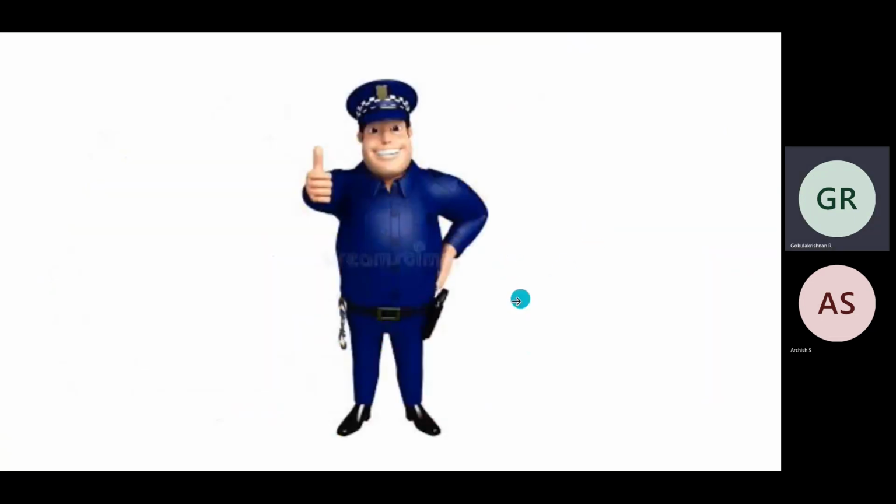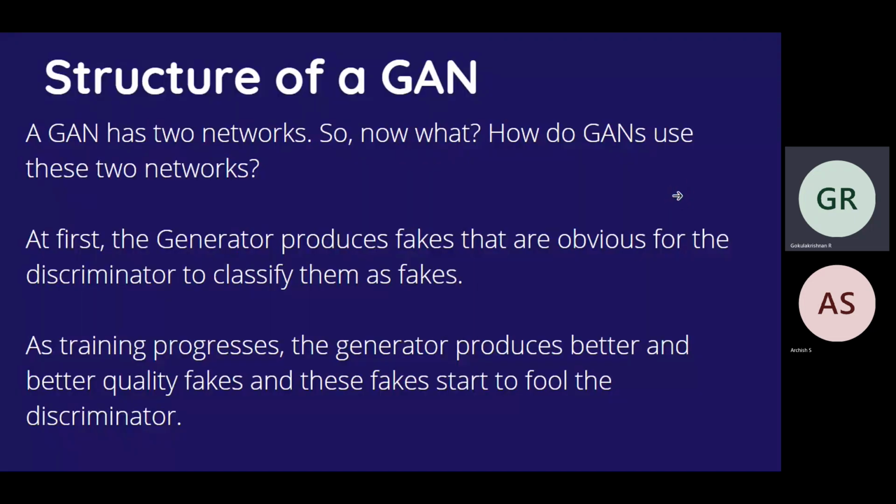Now the inspector can't even say no to the portrait made by the artist. The portrait is so convincing that the inspector gets fooled and accepts it. This is basically how a GAN works.